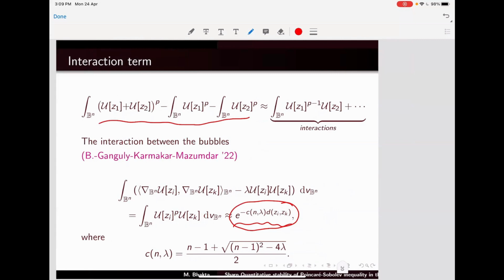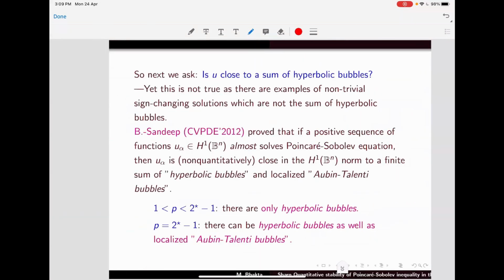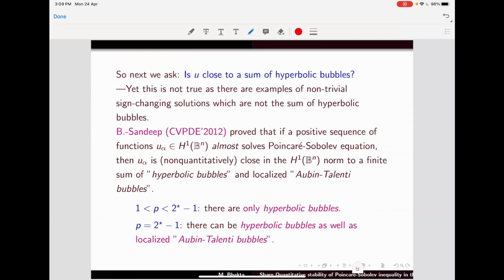So now we saw that in general the answer is not true. Now the question is, can we say that U is close to a sum of hyperbolic bubbles? Again, the answer is in general not true, because there are examples of non-trivial sign-changing solutions which are not at all sums of hyperbolic bubbles.